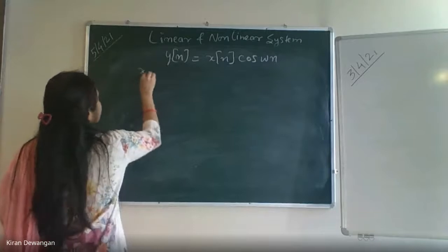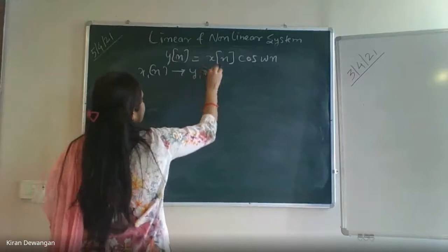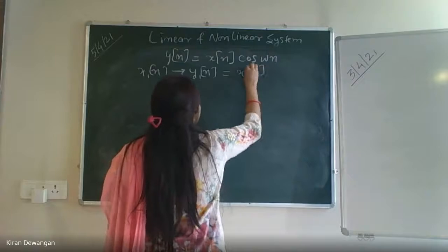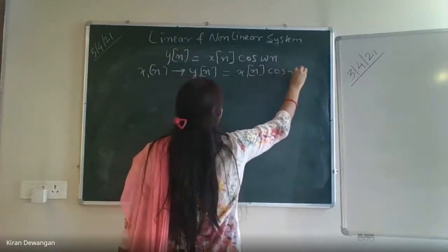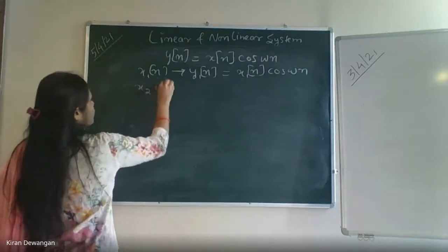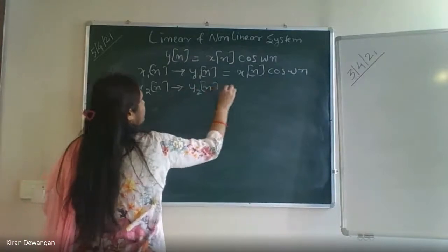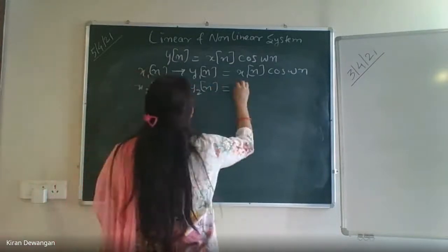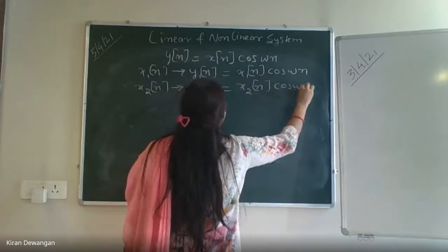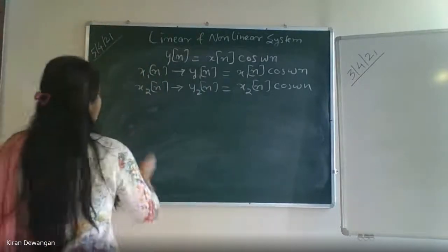If x1n is an input, it is producing an output y1n, and this is going to be x1n cos omega n. If x2n is the input, it is producing an output y2n, and this is x2n cos omega n. Clear? So this is due to the inputs x1n and x2n.